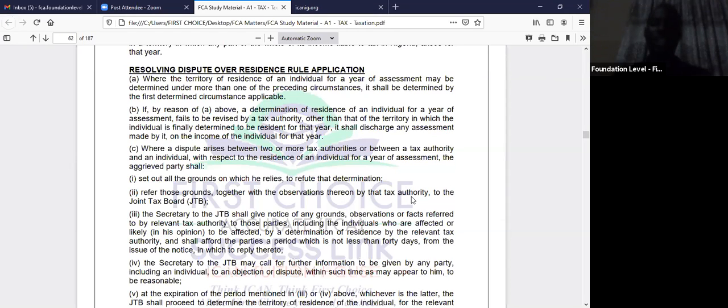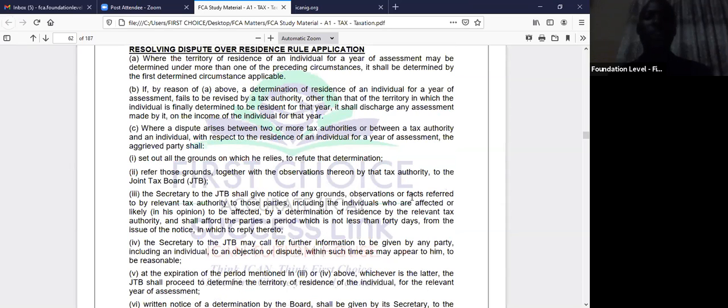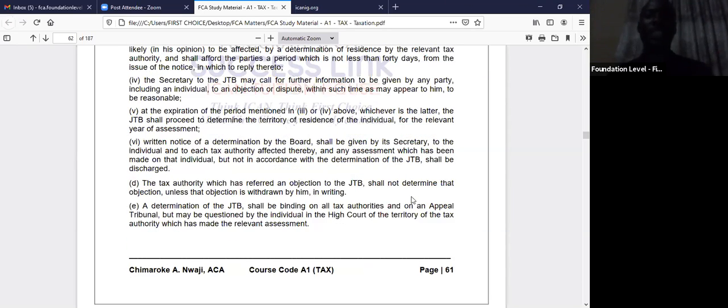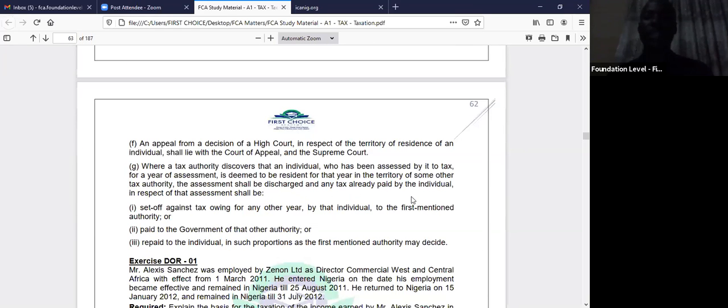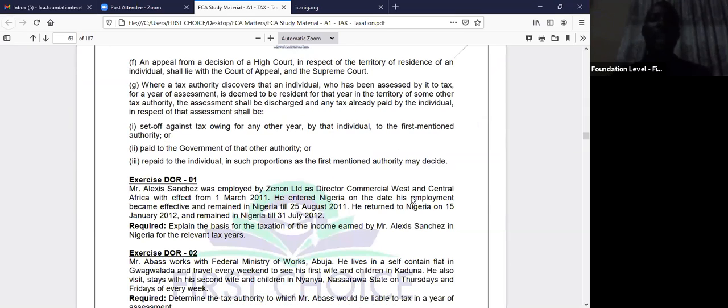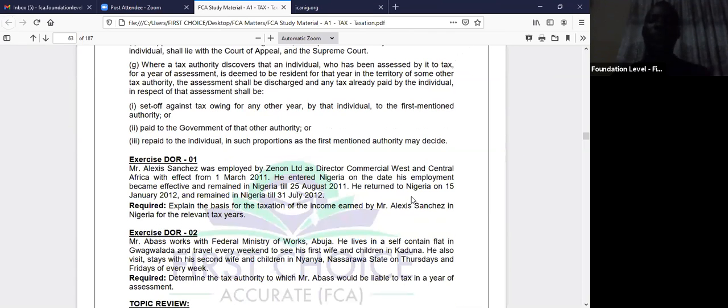So you see, there are going to be disputes when it comes to place of residence, so we need to be very careful when we talk about residence. I have an exercise for you before we call it a day on this topic.